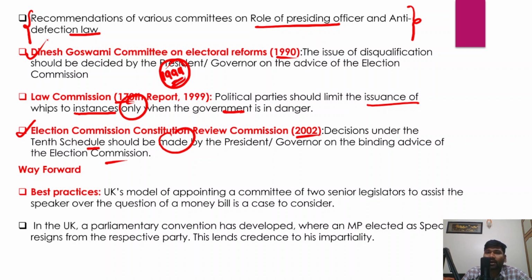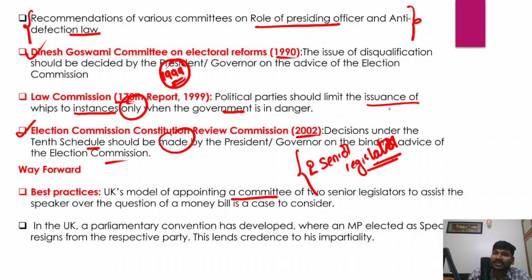For example, in the UK there is a committee of 2 senior legislators, and these 2 senior legislators will assist the Speaker in deciding whether a particular bill is a money bill or not.